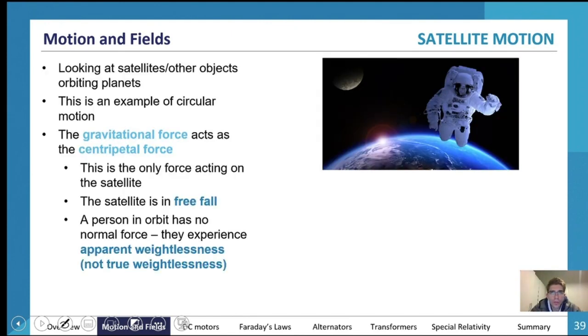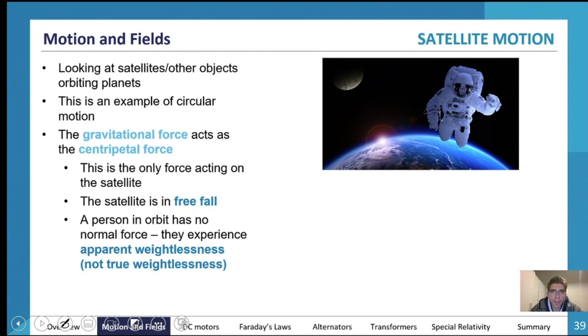Now we must also keep in mind to not forget about satellite motion. So objects which orbit around a planet are what we call a satellite.